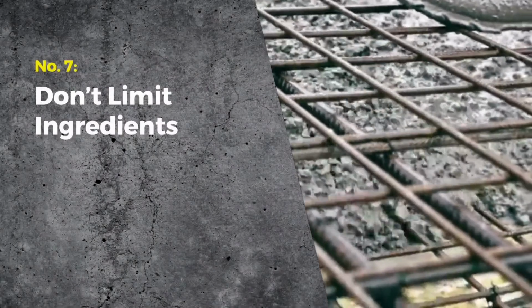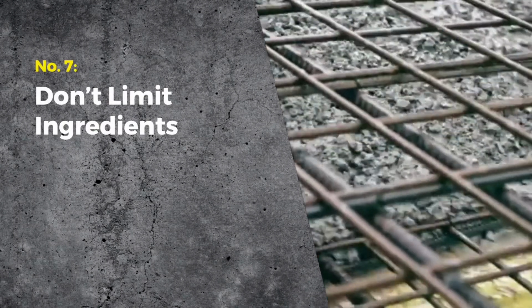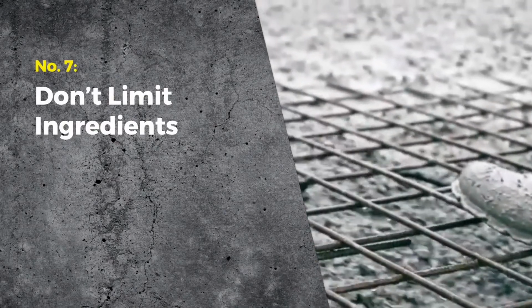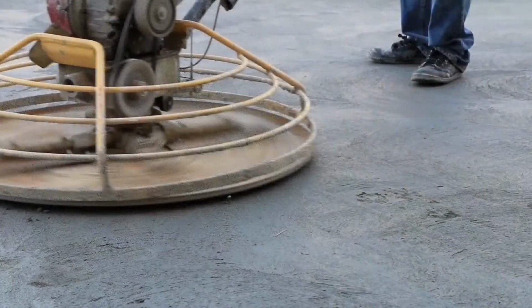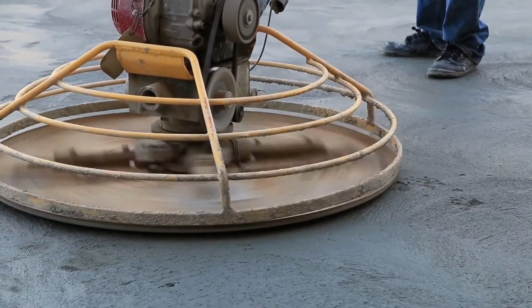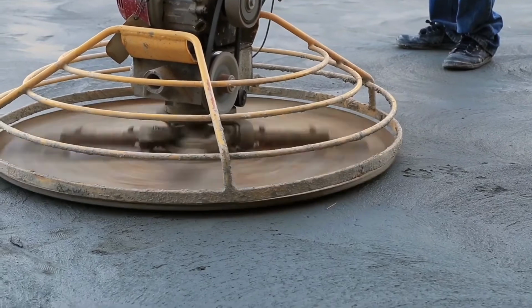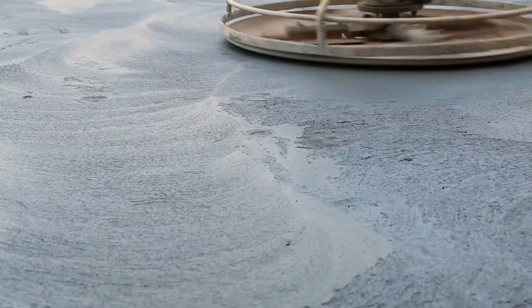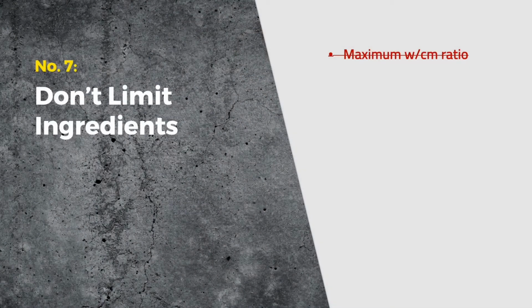The next strategy is to not limit ingredients. All too often, there are seemingly random limits on material ingredients in project specifications that limit the concrete producer's ability to meet performance criteria, let alone reduce carbon footprint. Having unnecessary limits on the water to cementitious materials ratio is one example.